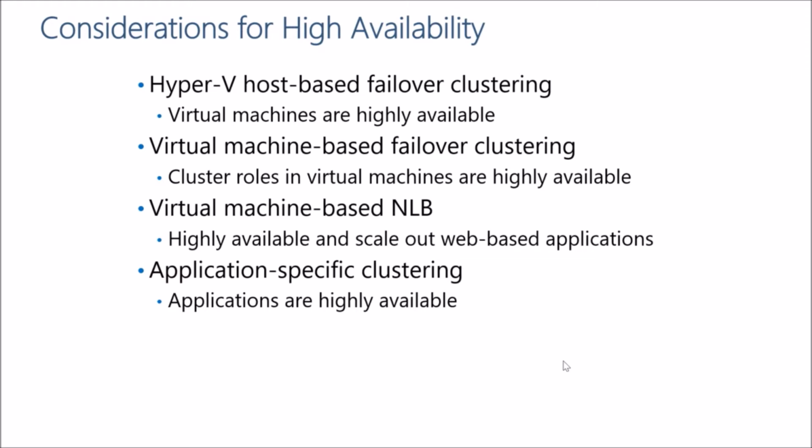Let me give you some examples. If you have two virtual machines doing the same role, for example two web servers hosting the same website, by using Microsoft Windows network load balancing, we can load balance between both virtual machines, or many virtual machines, which are hosting this web-based application.